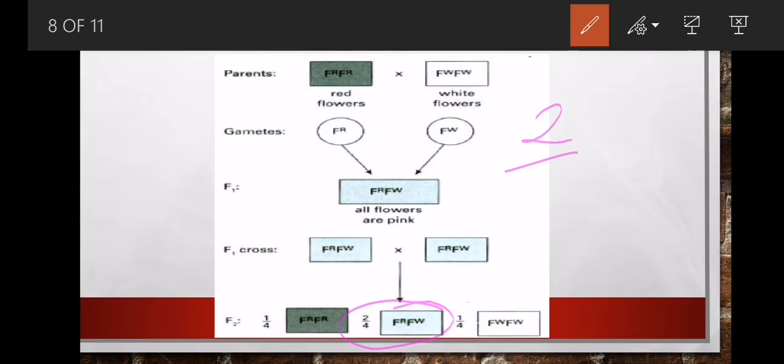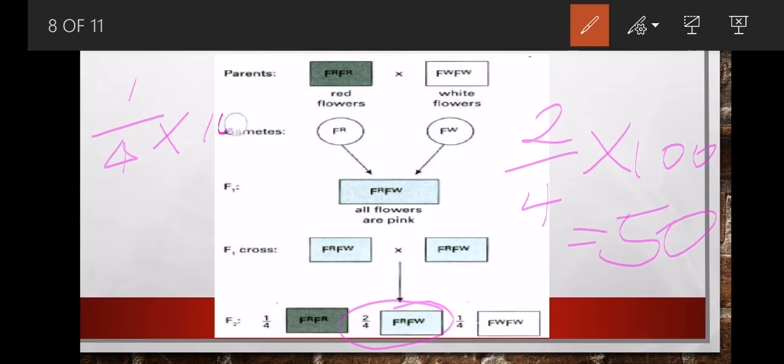So we'll say 2 over 4, multiply by 100. Then what will be our answer? It will be 50. Even for the red one, it will be 1 over 4 multiplied by 100. We get 25%. So that is the simplest part of an incomplete dominance.